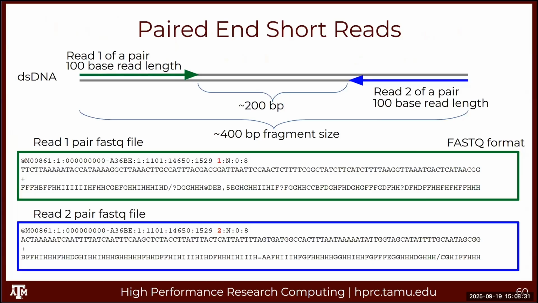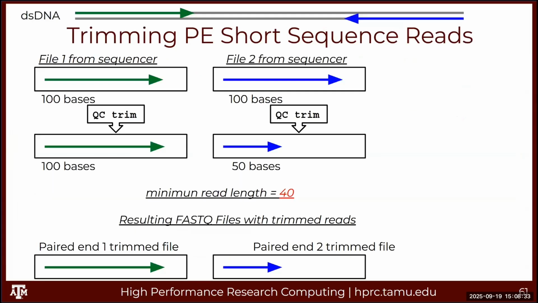Okay, so what we're seeing now, we're trimming the reads based on quality, or maybe there's an adapter on the end. So if you look at the top two reads from a double-stranded DNA, it's going to look at these, it's going to trim. Maybe the first one didn't have any issues. It's going to keep all 100 bases. Maybe the second one had an adapter, or maybe it was really poor quality, so it trimmed off 50 bases.